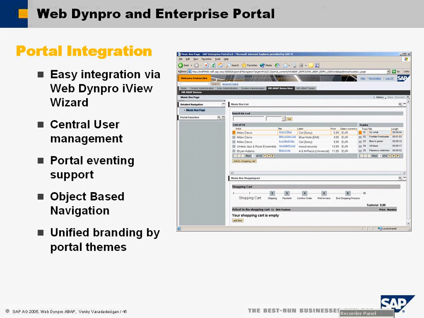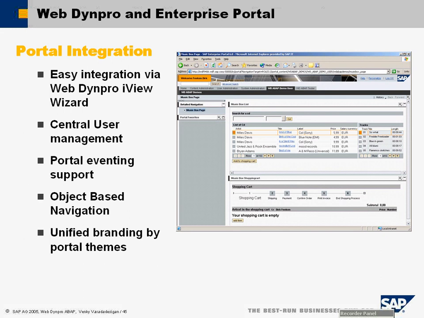There are Web Dynpro iView wizards. You go to the wizard and create an iView. It asks whether it's a Java Web Dynpro or ABAP Web Dynpro. You choose that, give the backend system, and voila, it will make it available. Based on the role, you will be able to run the application, right?